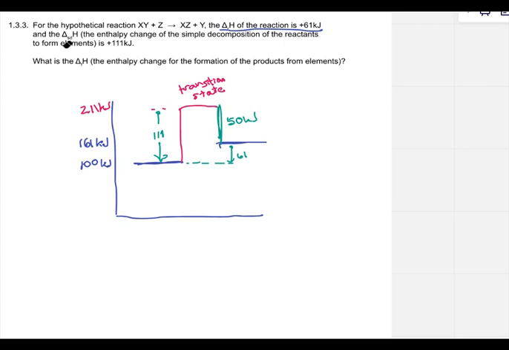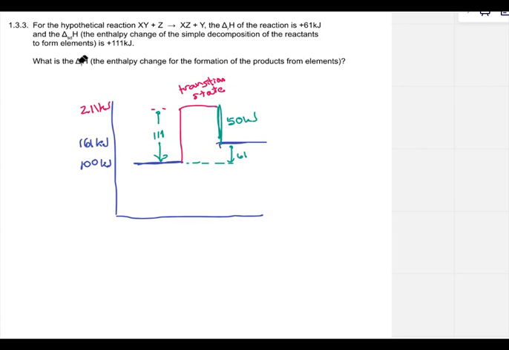You should not be able to glance at this and go, yes, the simple decomposition enthalpy change. We don't use these a lot on the exams either, and if we do use one, we will explain it very carefully. So please don't worry too much about these. The textbook loves them. I do not love them, and we won't let these hurt you when we get to the testing part.